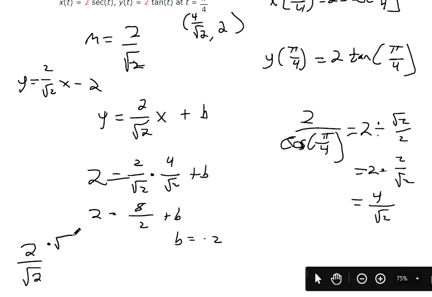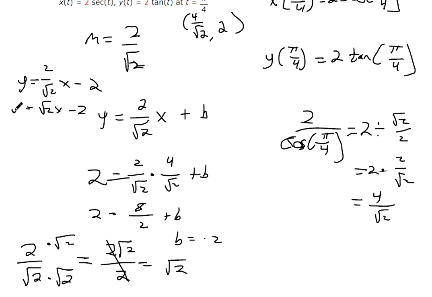You can multiply the top of the fraction and the bottom of the fraction by square root of 2 to get rid of the radical in the denominator. And when you do that, the square root of 2 times square root of 2 makes 2. And as you divide 2 by 2, that just makes 1. So square root of 2 is a much cleaner way of writing that. This should just be square root of 2 here. It's the same thing, but properly I should have rationalized the denominator.